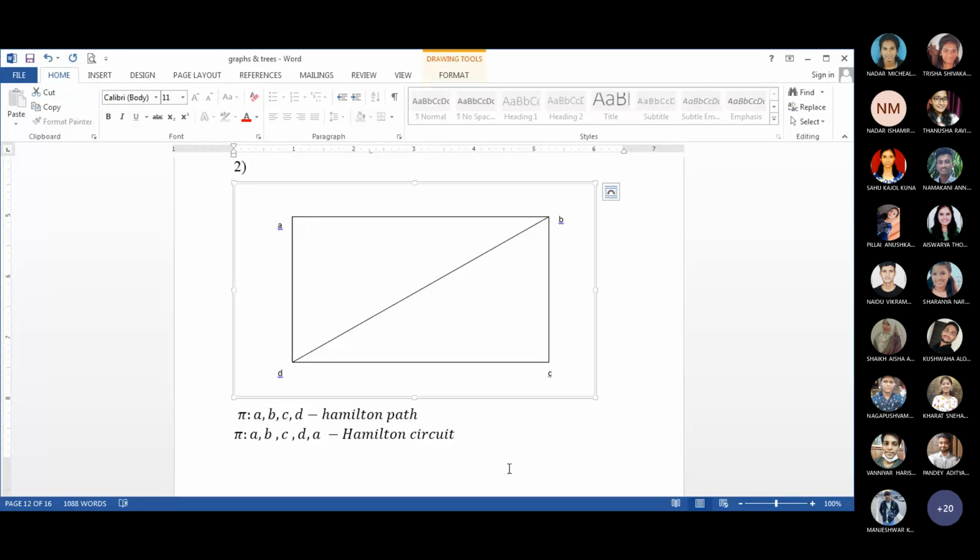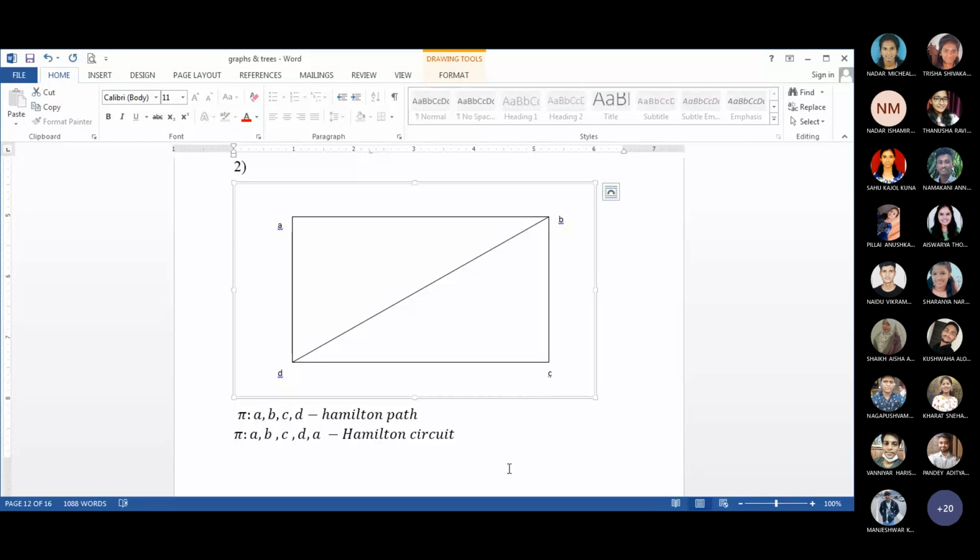That means if E1 is an edge between vertex A and vertex B, then E1 contributes to the degree of both vertices, and that contribution will be 1 each for the degree of vertex A as well as the degree of vertex B, right?